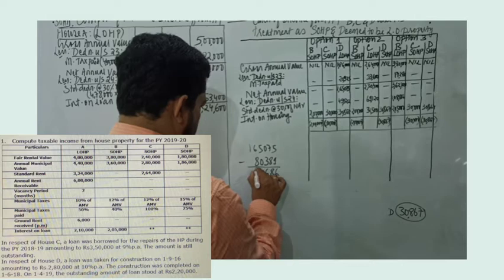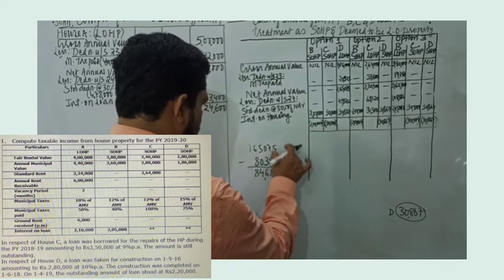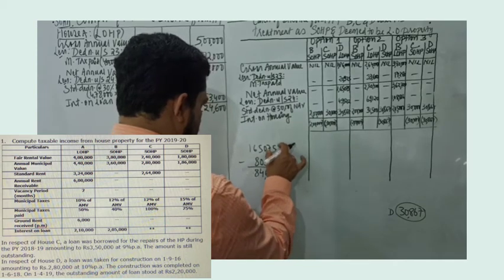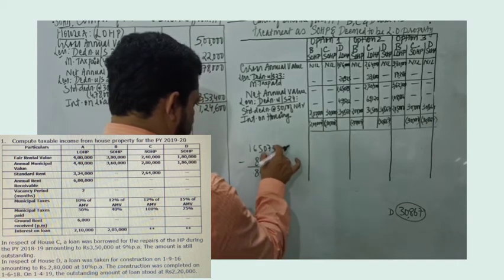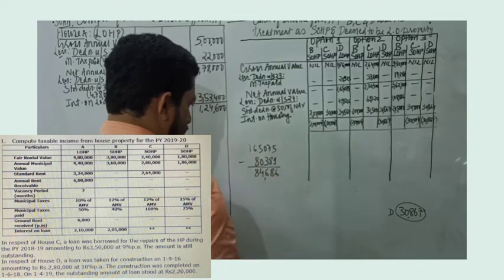Let's keep it at 18. So 84, 17 minus 16 minus 8 is 8, 9 minus 3 is 6, 4 minus 4, 16 minus 8 is 8.